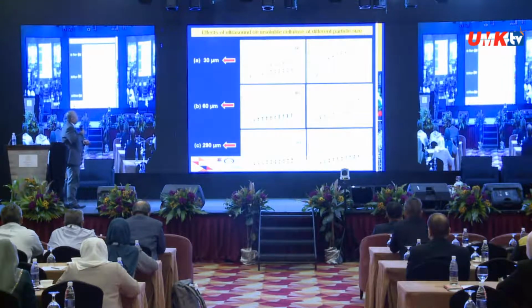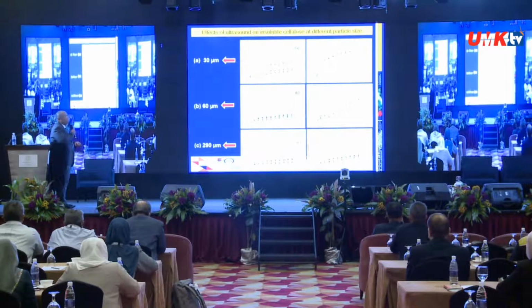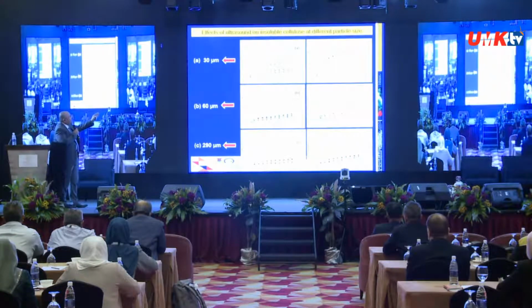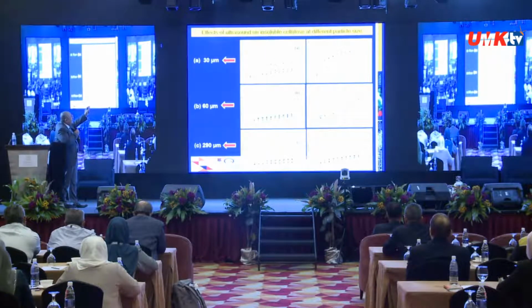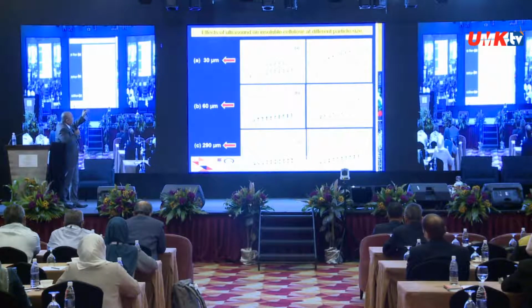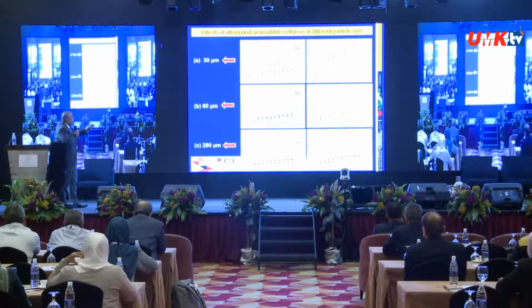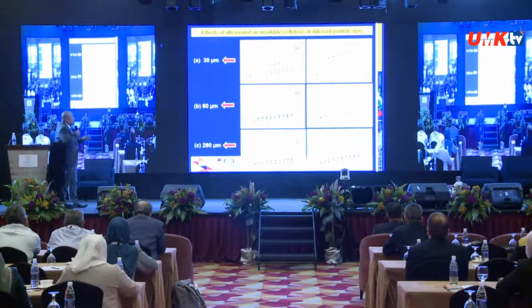Yeah. Okay, this is the effect of ultrasound on insoluble cellulose, the non-soluble, at different particle sizes. The left graph is the control. The right graph is with ultrasound. We tested different insoluble particles, Solka Floc at 30 micrometer, 60 micrometer, and 290 micrometer.